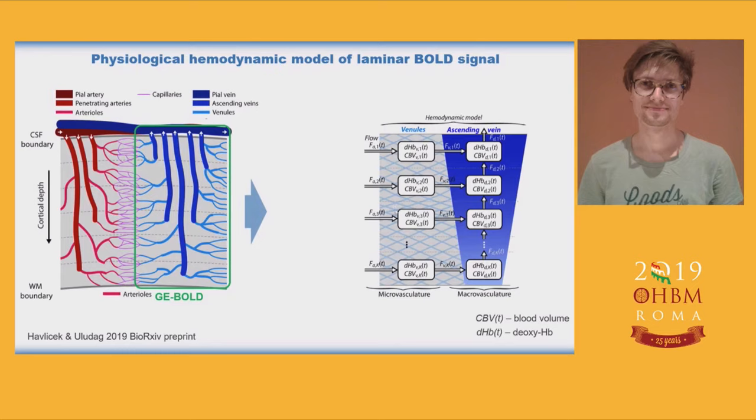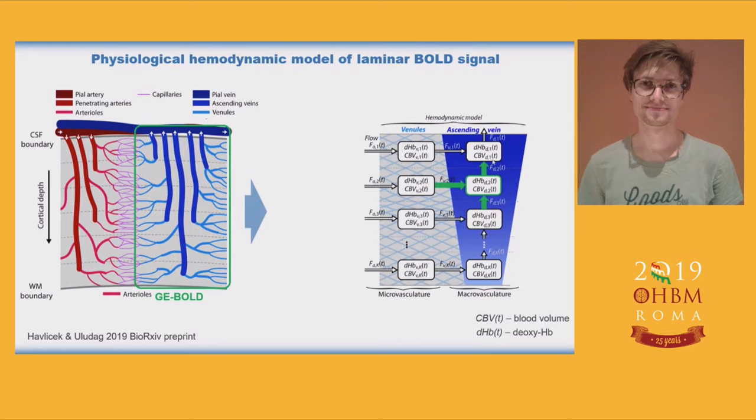We represent venules by a parallel arrangement of compartments, where each of them models dynamic changes in blood volume and deoxyhemoglobin. Next to the venules, we have a stack of compartments representing the ascending vein, where each compartment receives inflow from the venule at the same depth and inflow from the lower depth of the ascending vein, and then the blood in the compartment is collected by the compartment above in the ascending vein.